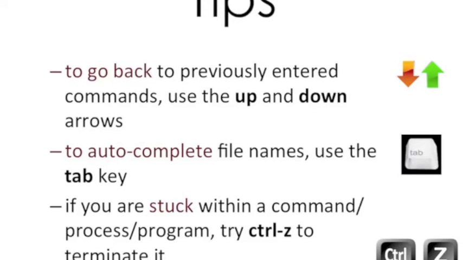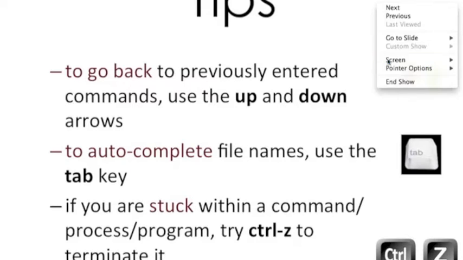So again, it saves you time. And another tip is that if you get stuck somehow, you open something and you don't know what's going on, you can try Ctrl-Z. Usually that's your friend, and it will get you back to the normal terminal session.